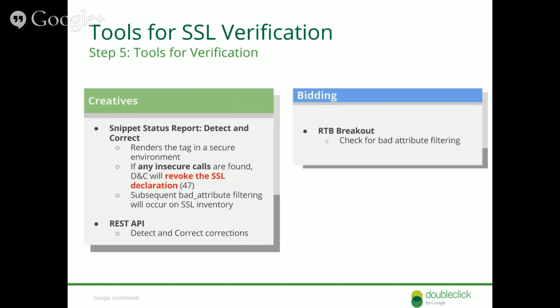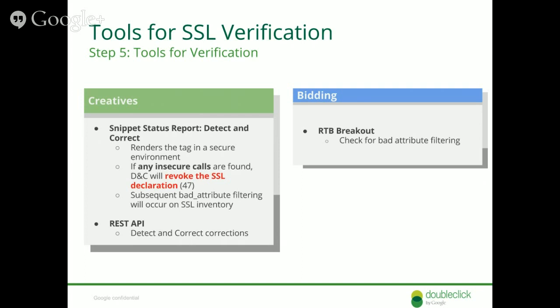In either case, regardless of which tool you're using, we'll be able to tell you for a specific creative whether or not we have detected a non-secure call or non-secure domain within the creative, and we'll tell you what the specific flag was, so what the specific pixel or call within the creative was that actually flagged our system for that creative to not be SSL compliant. And again, you can use either snippet status report or REST API. They'll both give you very similar information.